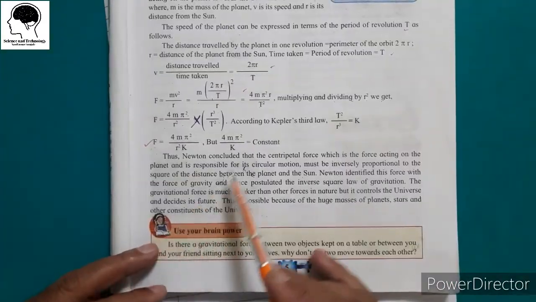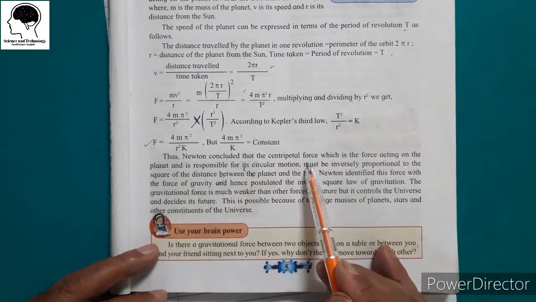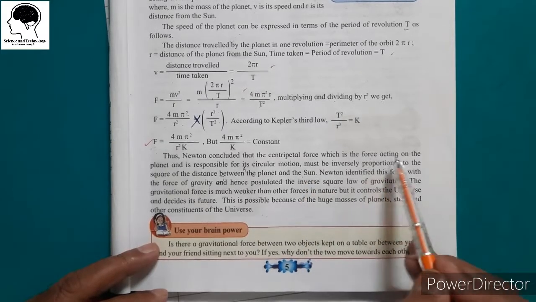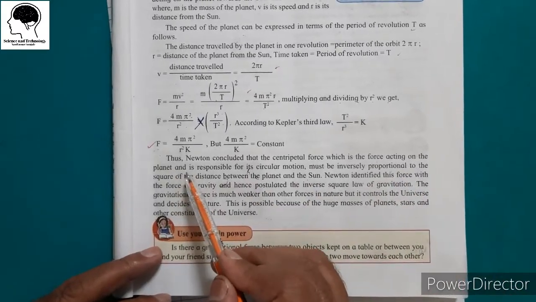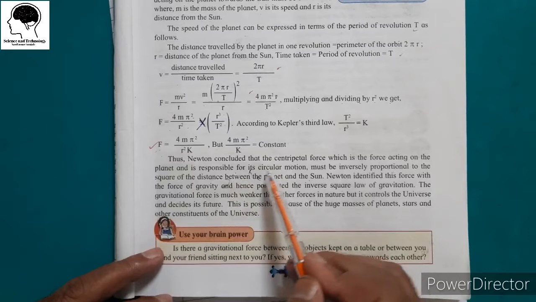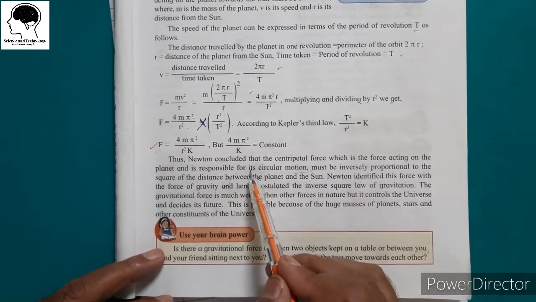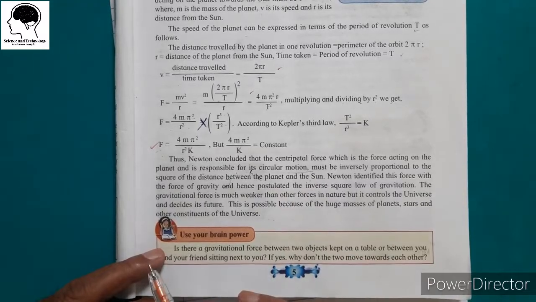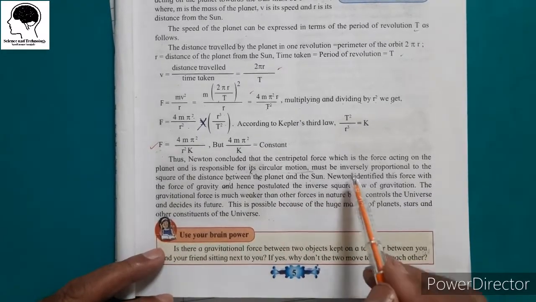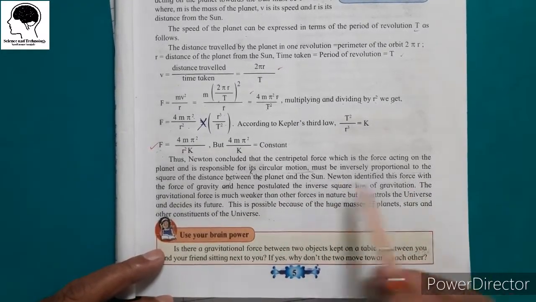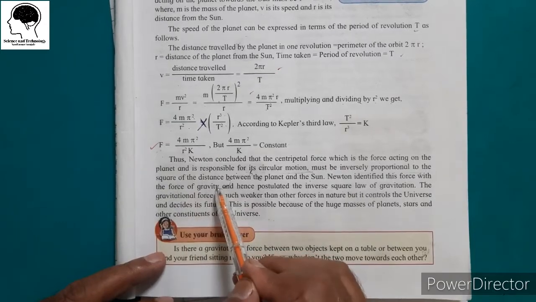Thus, Newton concluded that the centripetal force, which is the force acting on the planet and is responsible for its circular motion, must be inversely proportional to the square of distance.